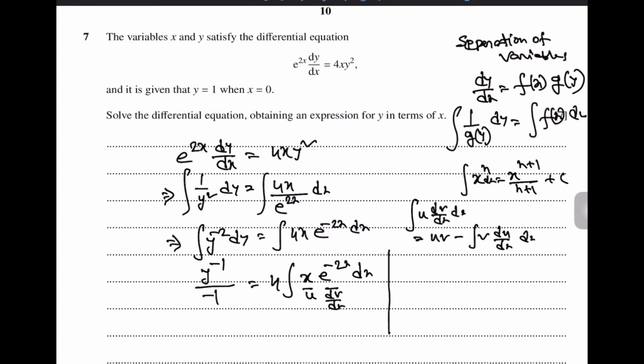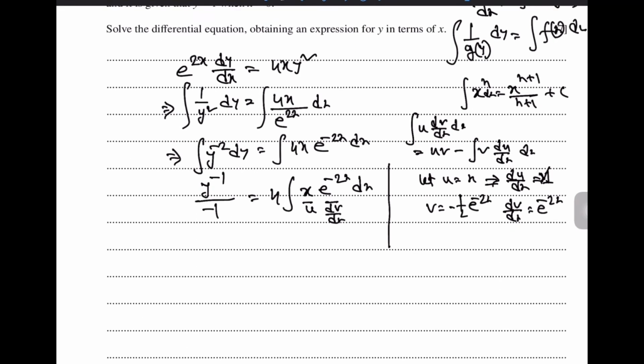So let u equal x, so du by dx equals 1, and dv by dx equals e to the power minus 2x. We know how to integrate this. V should be minus 1 by 2 e to the power minus 2x. So let me use the formula directly.